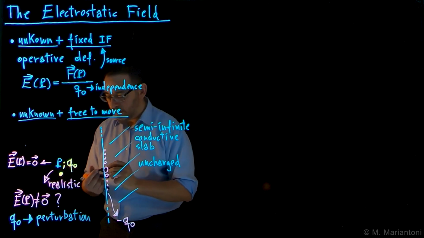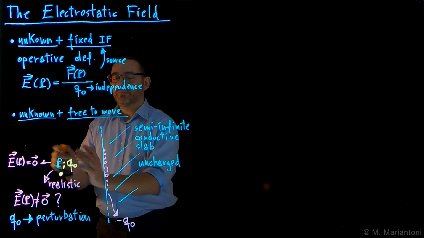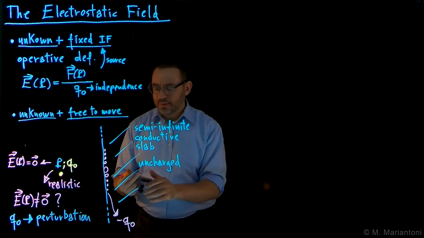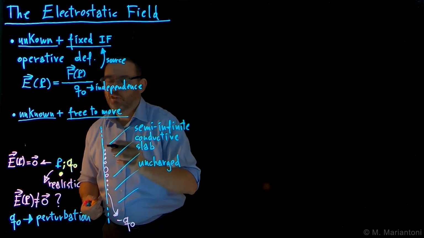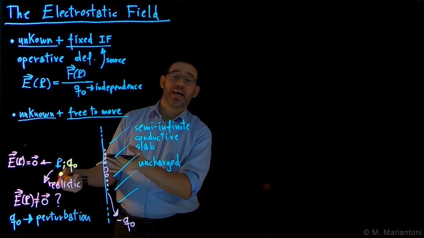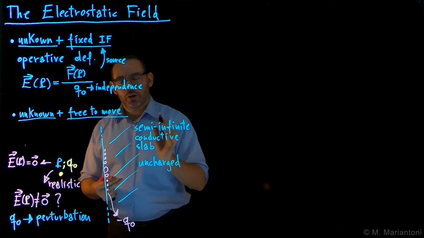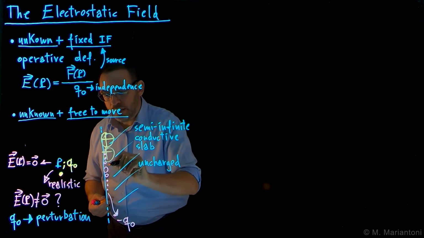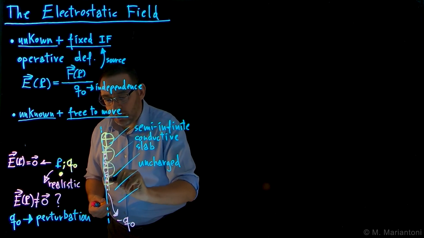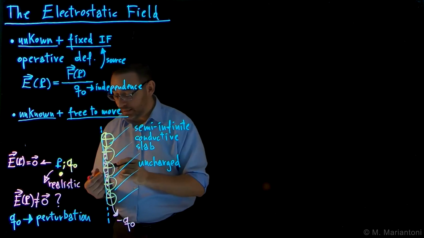Luckily, in real life, typically we begin with a situation where we have vacuum here, a conducting slab, where we place on it some sort of charge. I don't want to measure just something where there is nothing in vacuum. I'm making an experiment where I want to have an electric field. So typically, I'm going to have some positive charge here distributed somehow on the surface of this conducting slab.